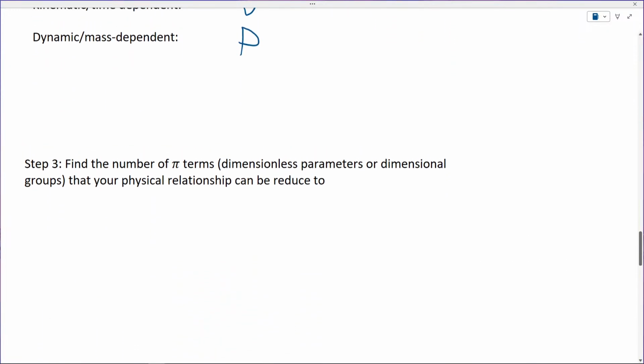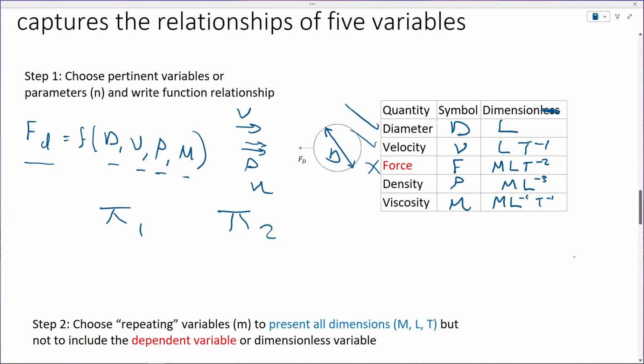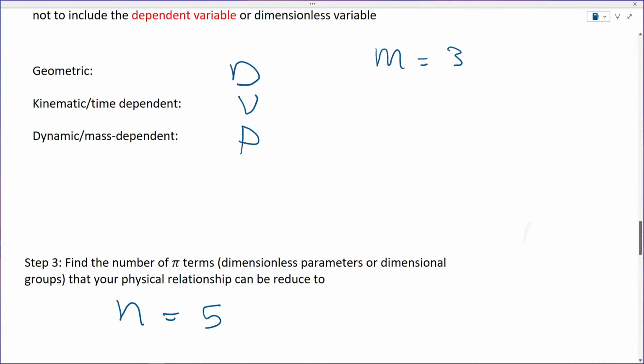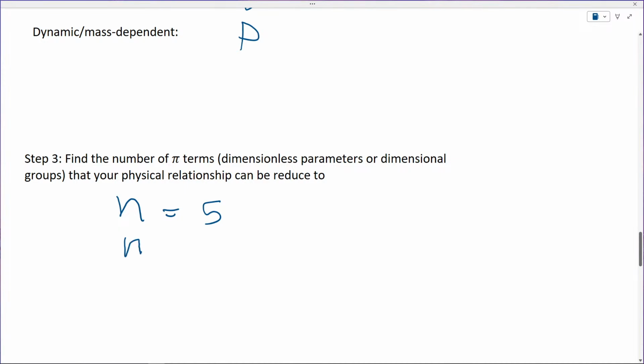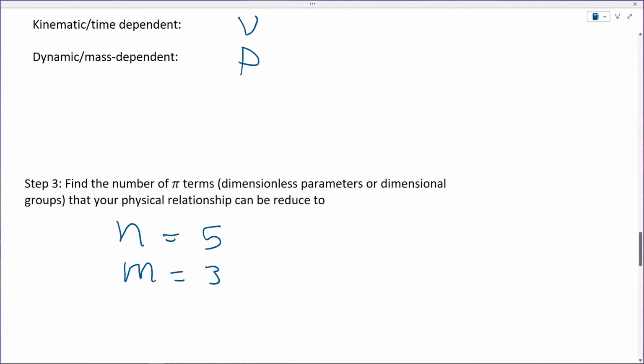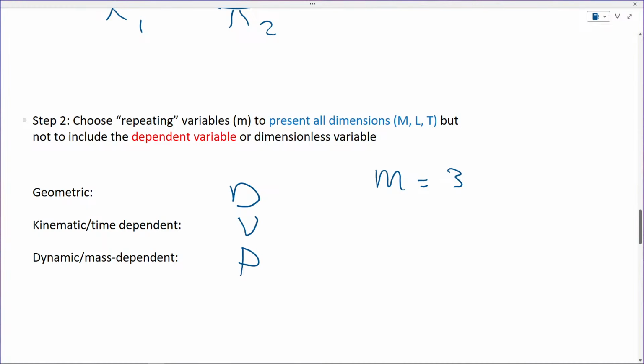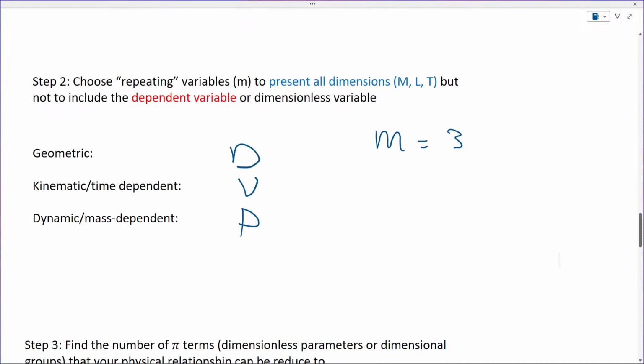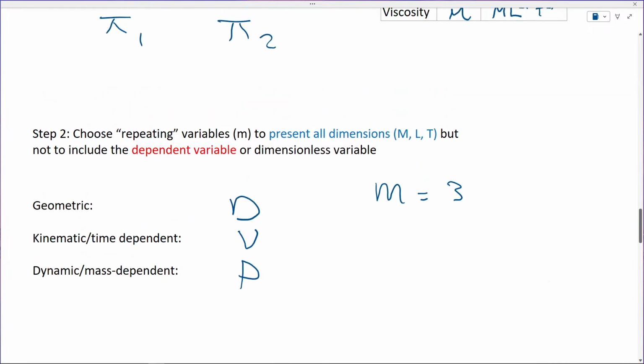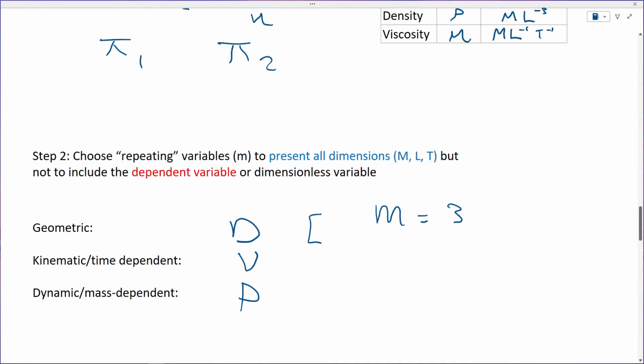The number of parameters that I have here is 5 parameters. Remember, we have 1, 2, 3, 4, 5. And the number of repeating variables is 3, because we have 3 main dimensions, MLT. Again, this is geometric, it has to do with L, V has LT^-1, and rho would be ML^-3.